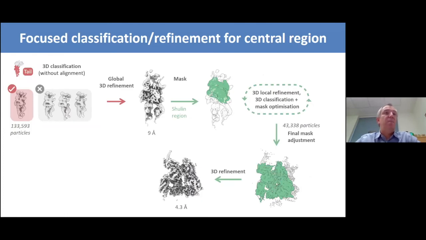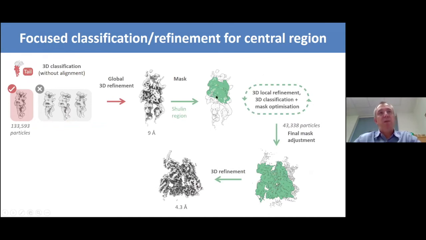So the first example is the central region of the motor. After we classified to get the good particles and did a refinement, we then just masked out this central region, which you can see here in green, and then went through a round of different refinements that just then focus on improving the alignment of the particles to this central region.